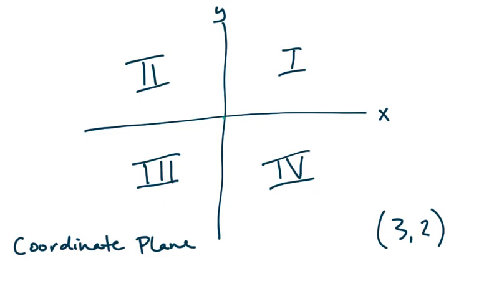This is the origin. That green dot equals the origin, and the coordinates of the origin are 0, 0.